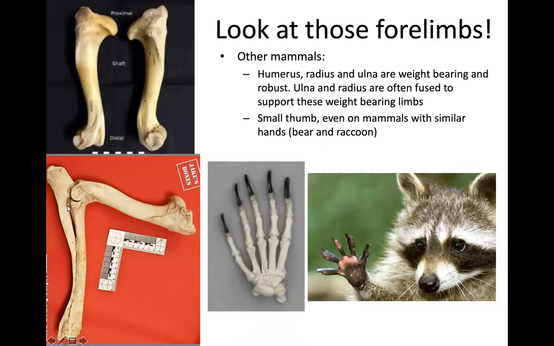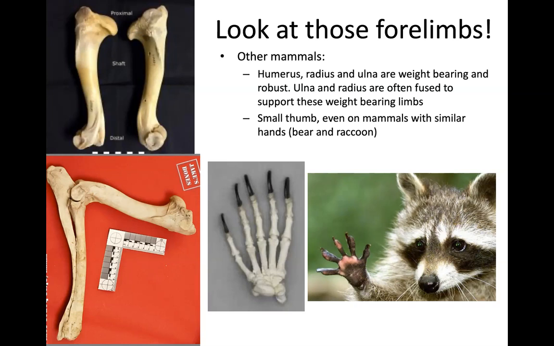Here you can see a good example of a fused ulna and radius. It's fused both here and here, okay? They typically have very small thumbs, or thumbs more proportional with the other fingers, as you can see in this raccoon here. That tends to help you in identifying the difference between bear and human.